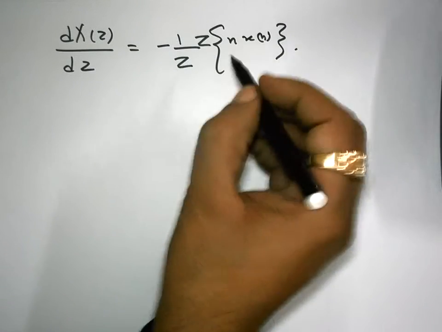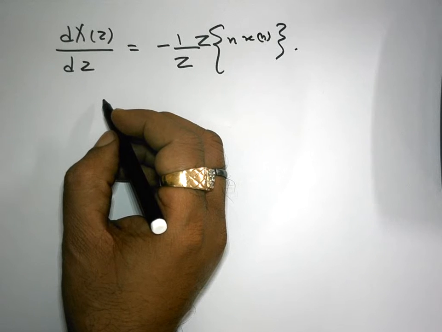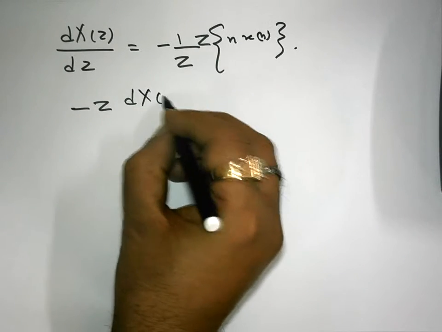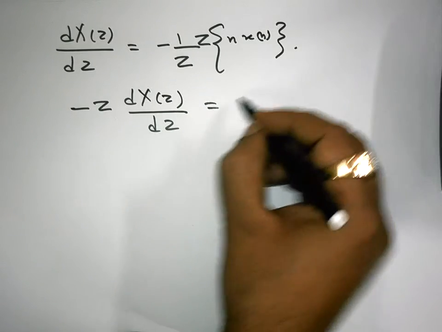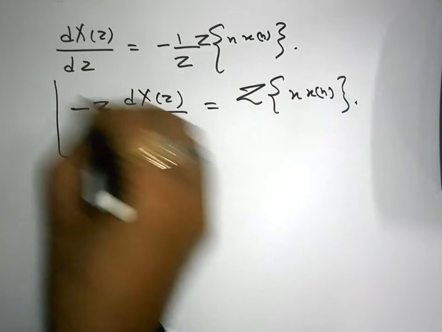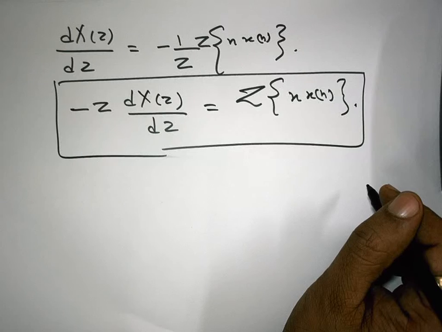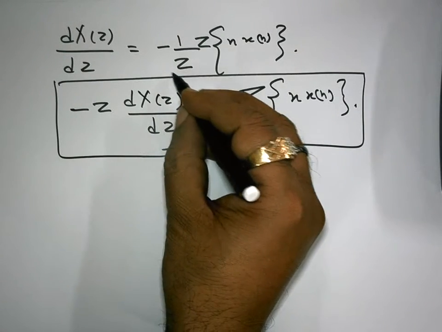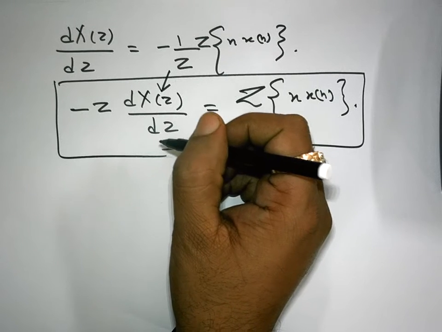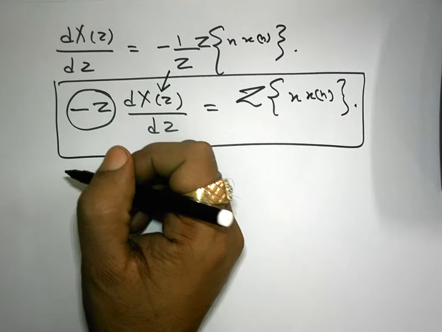So if you multiply both the sides by minus z, this will be equal to minus z dX(z) by dz, and this will be equal to the Z transform of the signal n x[n]. So if you are asked to evaluate the Z transform of the signal n x[n], then this will be the differentiation of the Z transform of the original signal with respect to z, multiplied with minus z.